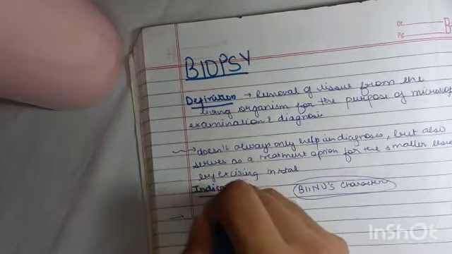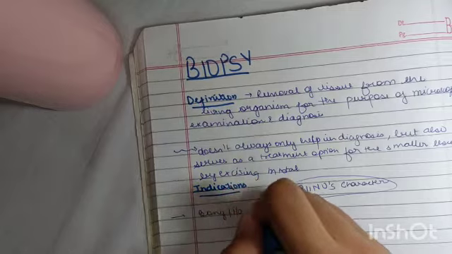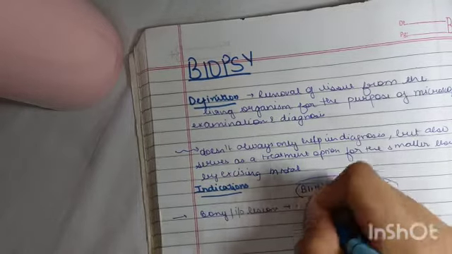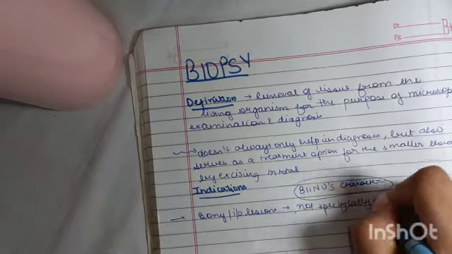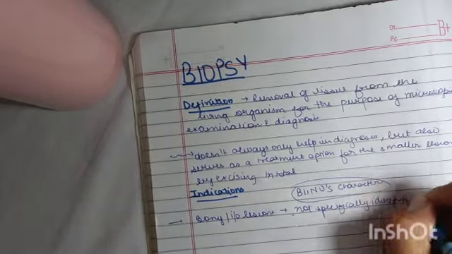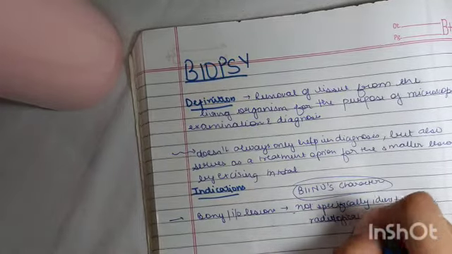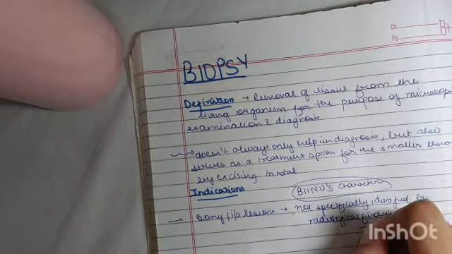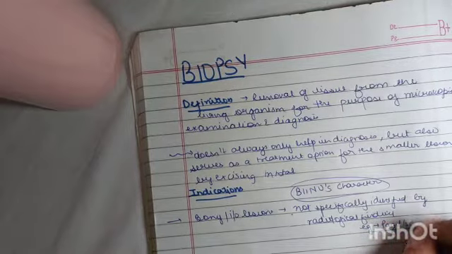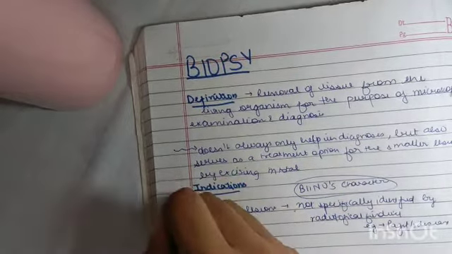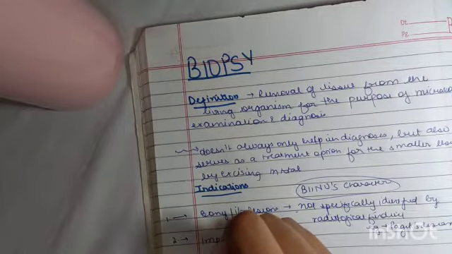Now by B, what we have is the bony or intraosseous lesions that are not specifically identified by radiological findings. Example, Paget's disease.